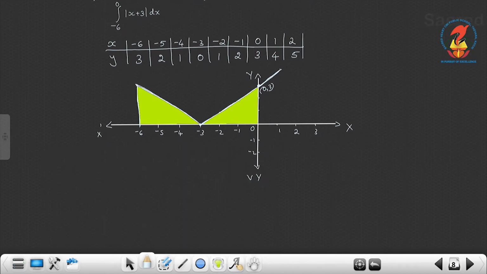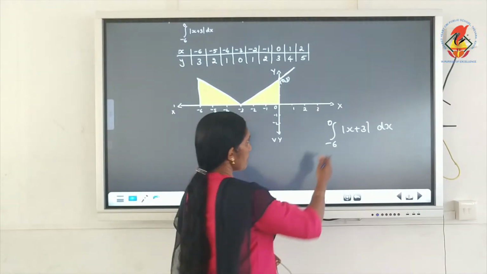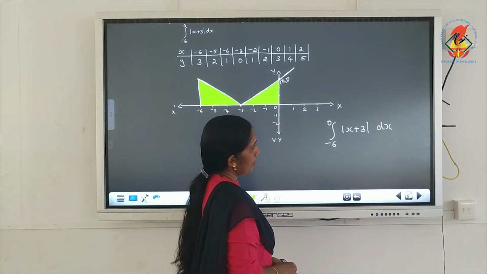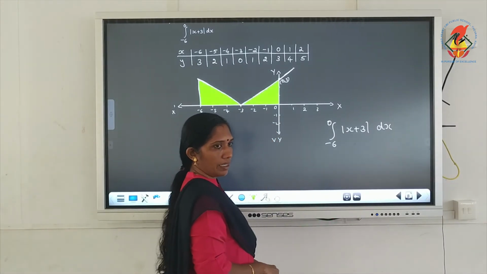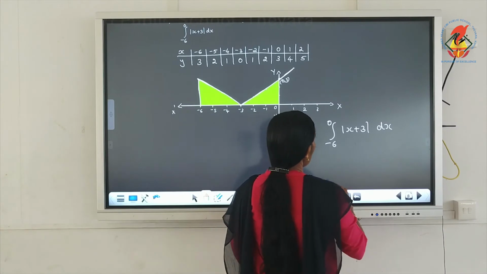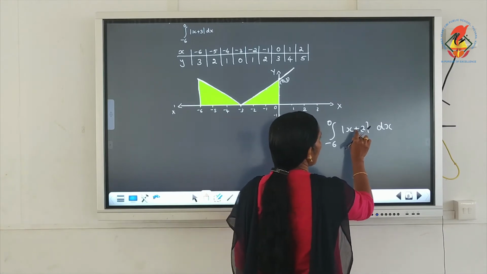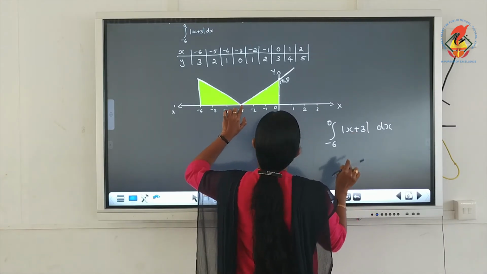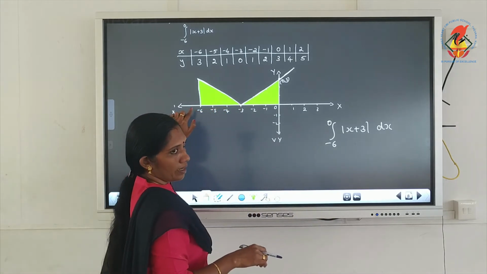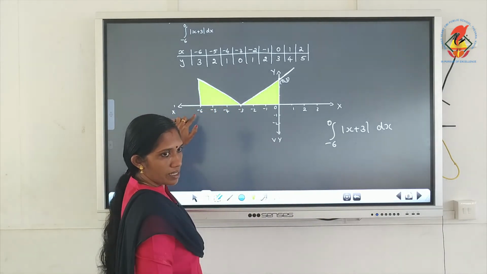So when we apply, children, the question is the integral from minus 6 to 0 of mod x plus 3. When we directly do mod x plus 3, the left side is negative. When x is less than minus 3, that portion is minus, isn't it?